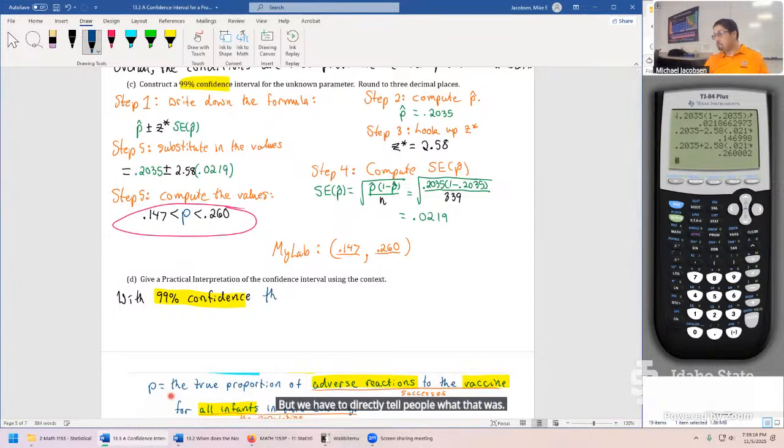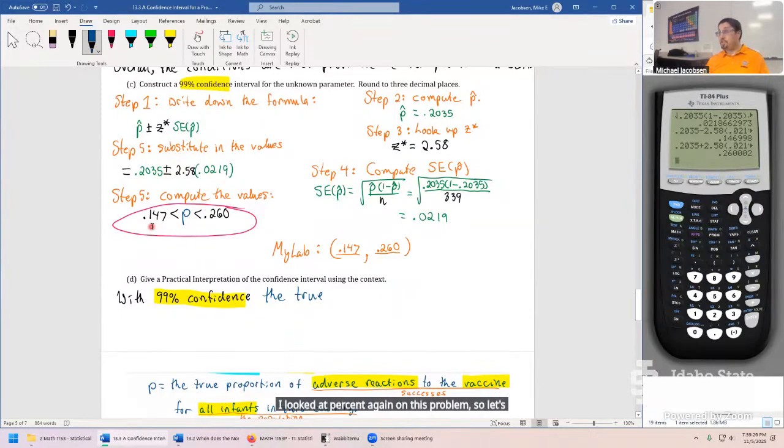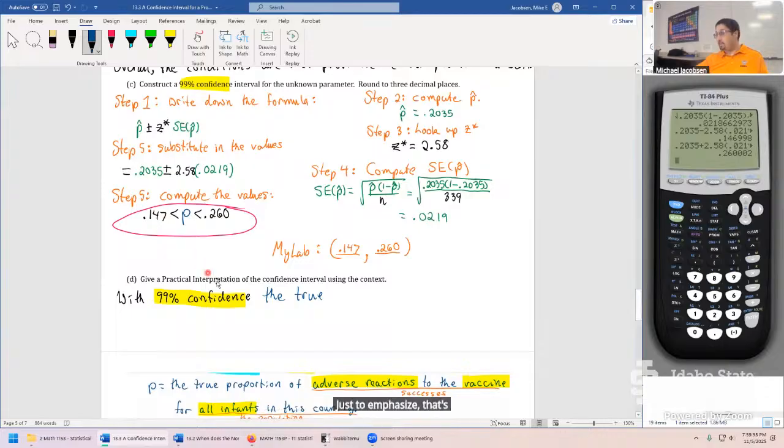The true. And we mentioned before, you can say either proportion or percent. It's completely up to you. I looked at percent again on this problem, so let's go with the proportion version this time. On the next example we do today, we'll turn it into a percent, just to emphasize that's a fair way to do it as well.